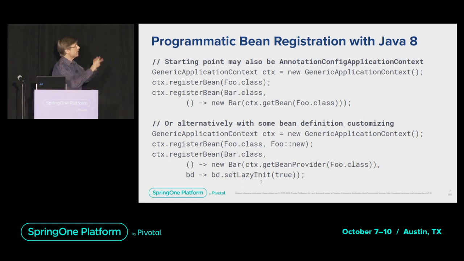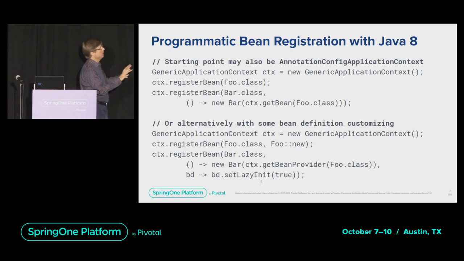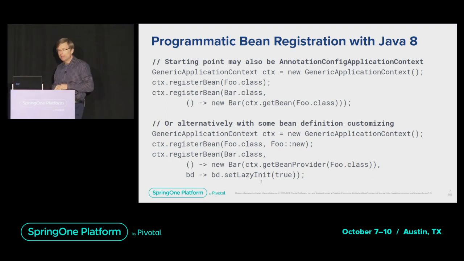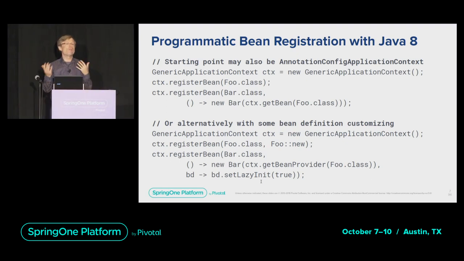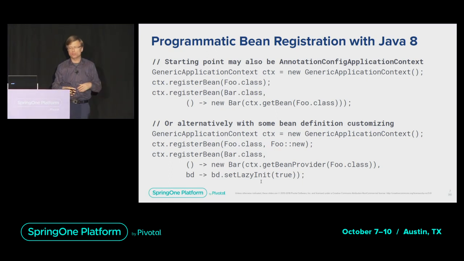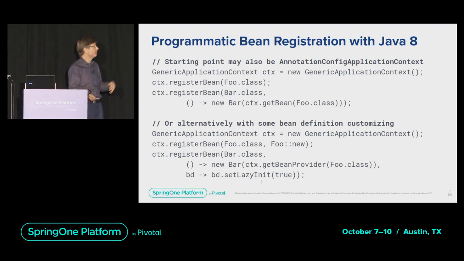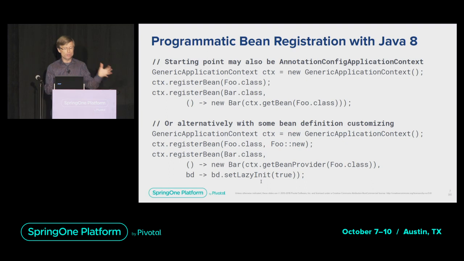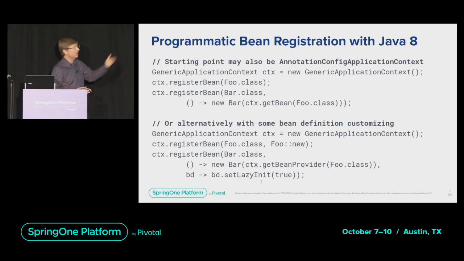And in a pure scenario, you could configure an entire application along those lines. In practice, it's of course more of a mixing and matching scenario. You can always go out and scan for bean definitions, add them to the same context. You can read XML bean definition files, add them to the same context. So certain beans can come from a class path scan, others can be programmatically registered.